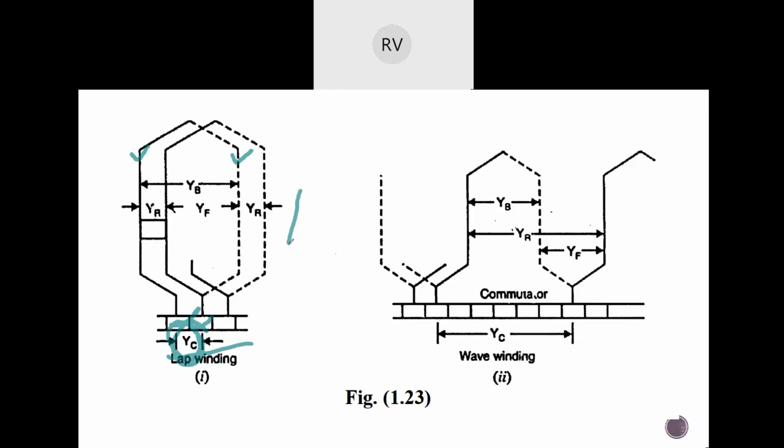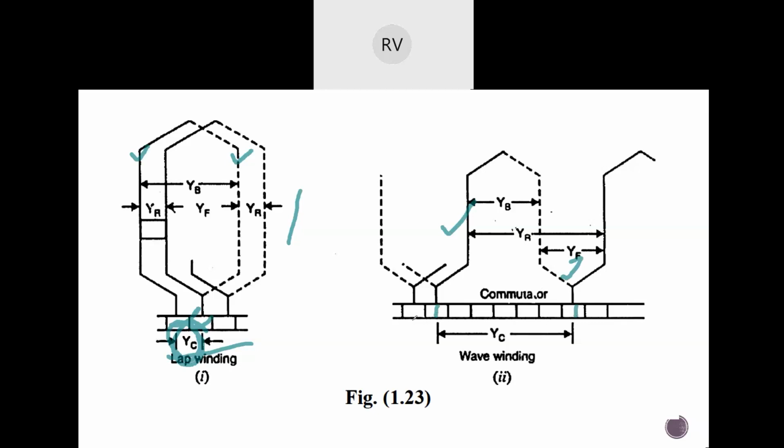Whereas coming to the wave winding, here you can see the starting of this coil side is connected here, and the ending of this coil side is connected here, to this segment and this segment.